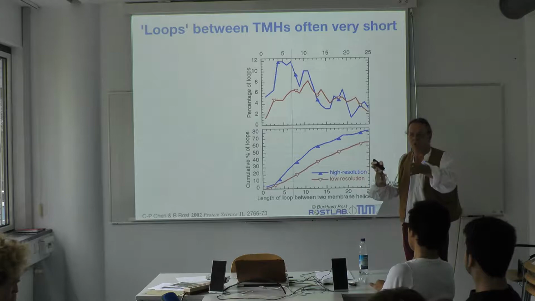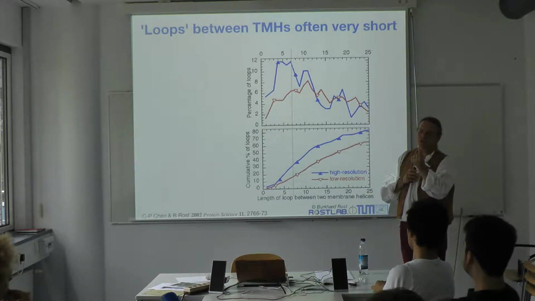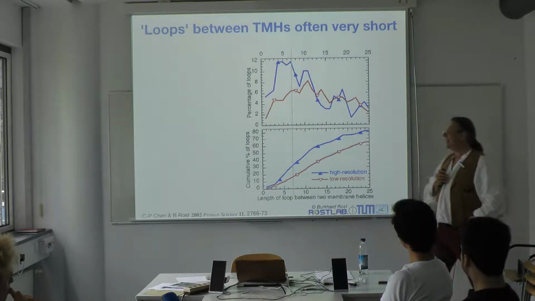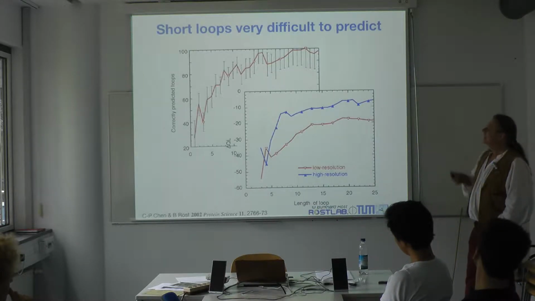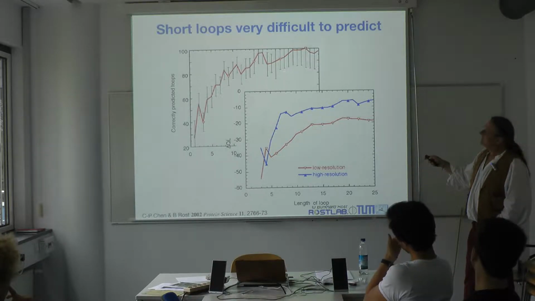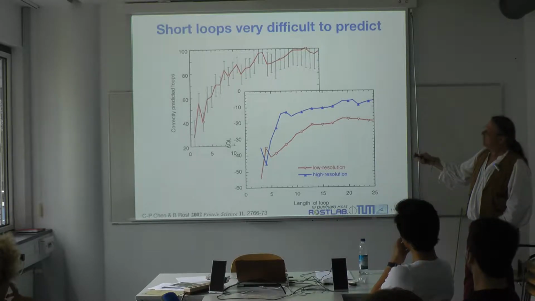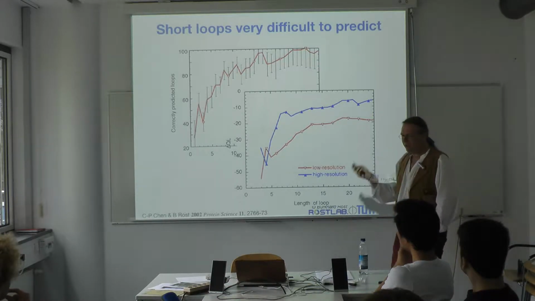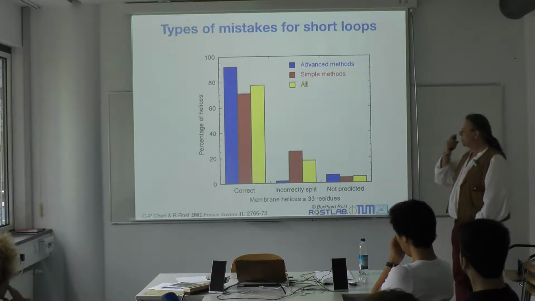So it's not quite a mistake, it's not quite a crooked helix, but it has to do with the flexibility of the way the membrane helix is inserted. But again, what we see on this slide is that our prediction accuracy is much higher for longer loops. For short loops, we make mistakes. So those are features of membrane proteins that we had not really anticipated, and that make it more complicated.